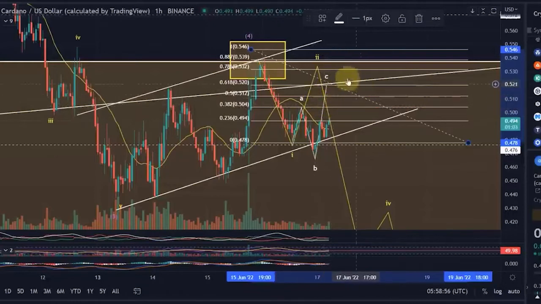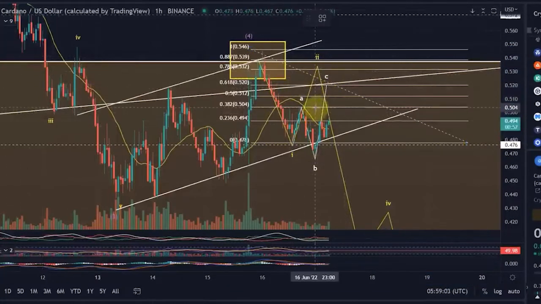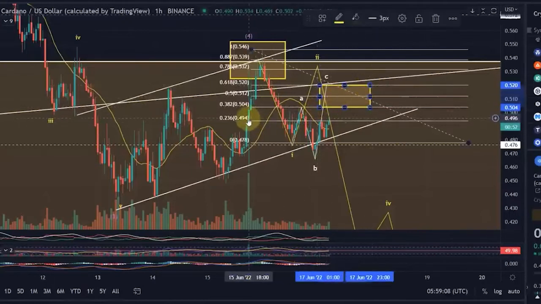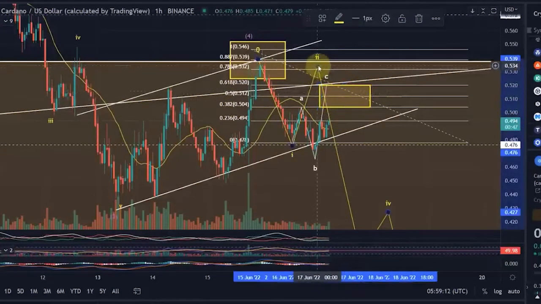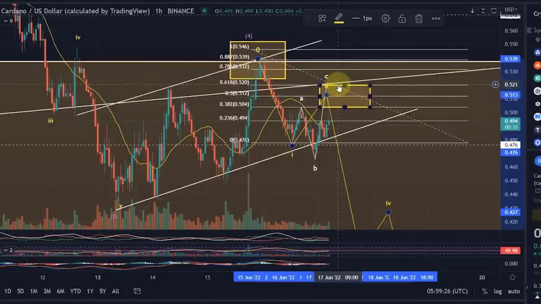But because we have the ascending channel here, let's define the target area from the 38.2 to the 61.8% Fib level, so 50.4 cents to 52 cents, for the wave 2 to get into and then to reverse down. The reason for that is that in a running flat we might not get quite to the wave A high, so we need to be prepared for that. But the 50% would be a bit higher, obviously, and the wave C could even go to the 61.8% Fib level, absolutely.